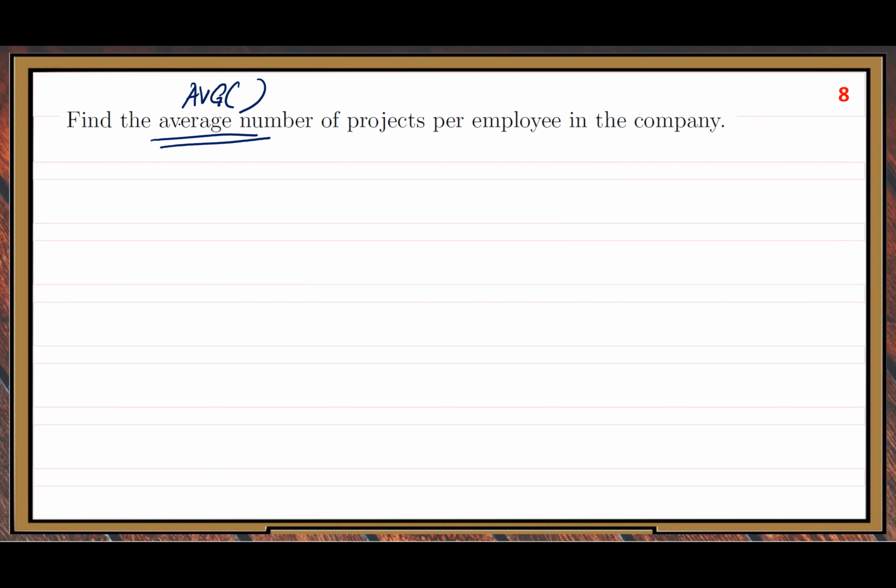So I'd like to show you this example. How different? Think about, do we have a table where we can get an average number of projects for different employees? We don't have that table, right? In our original tables, we don't have that kind of relationship.